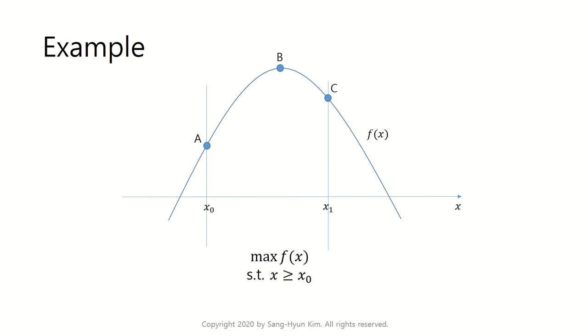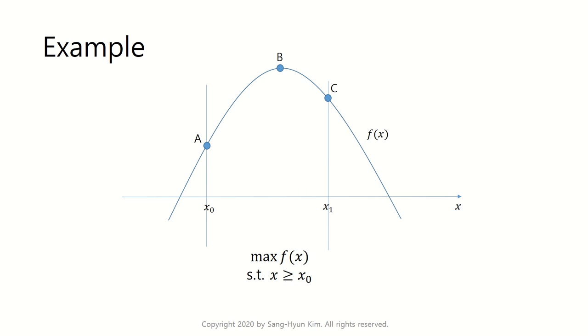So this constraint is meaningless. In other words, this constraint is not binding, it's not important. So the solution of constrained maximization is the same as the solution of unconstrained maximization, which is B.